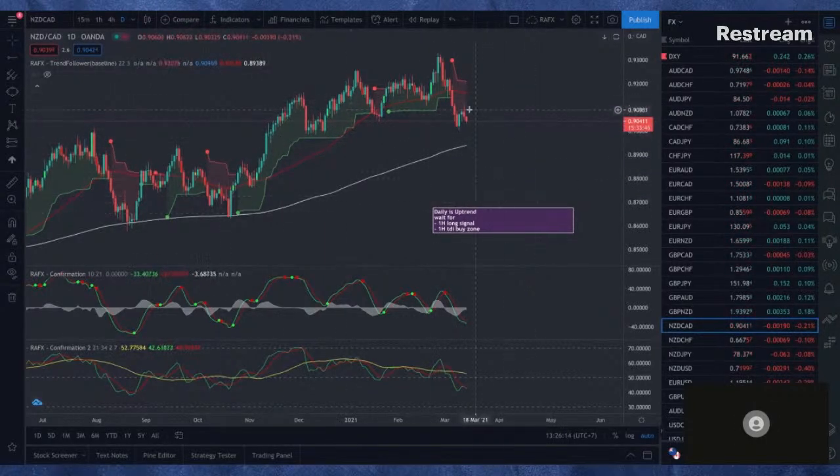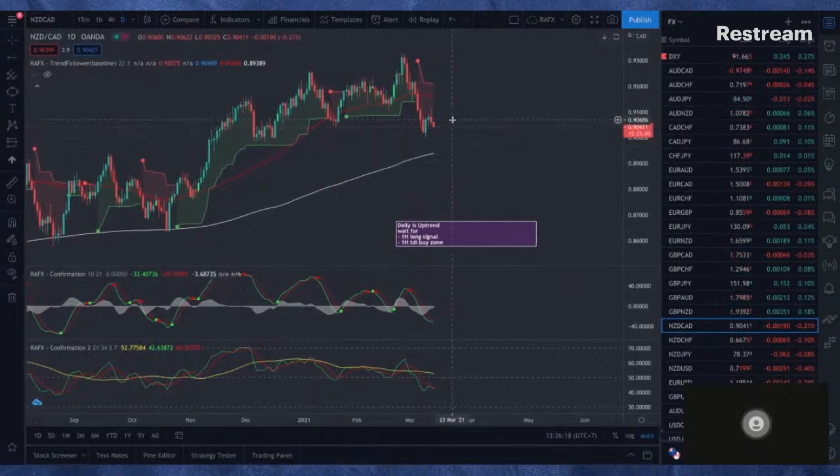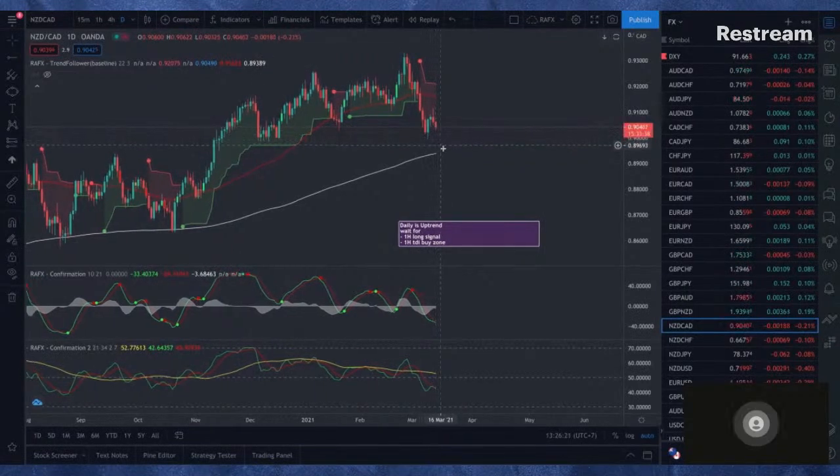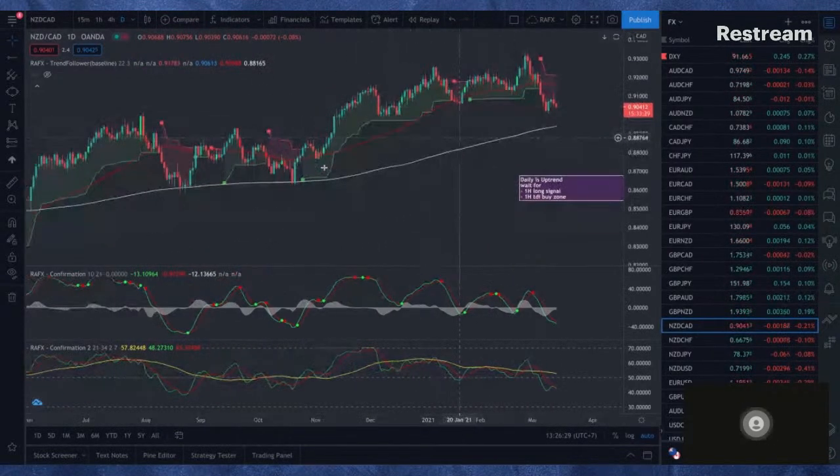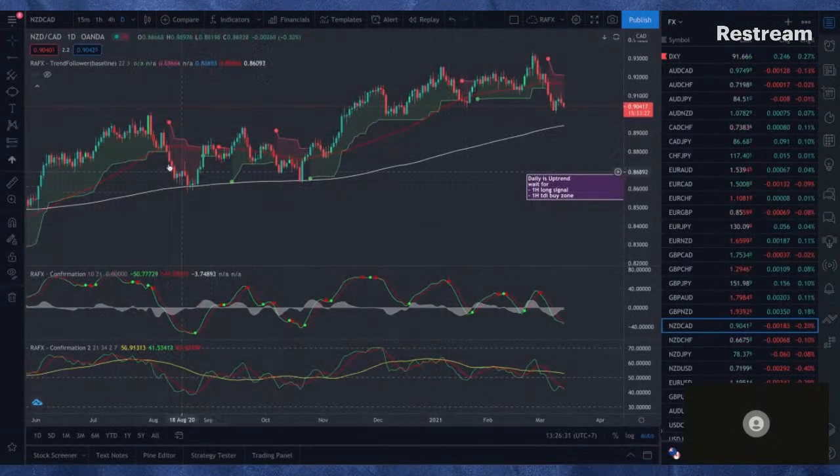I am looking for a buying opportunity here, but based on the candle, it is trying to go lower again, and maybe it will try to test the 200 baseline.